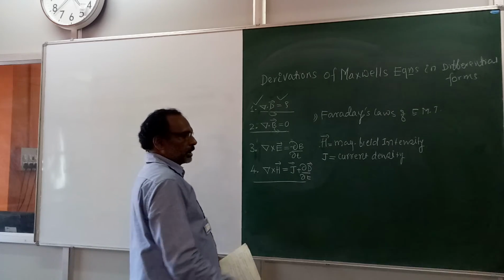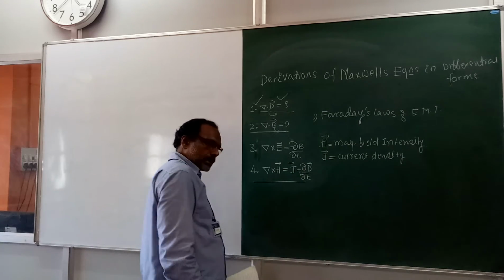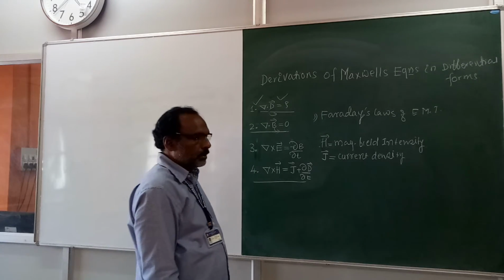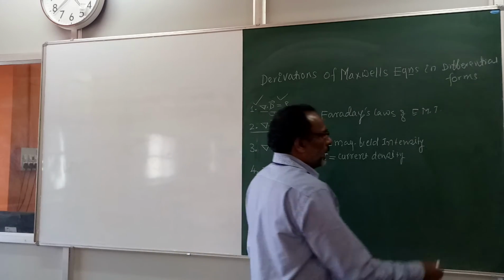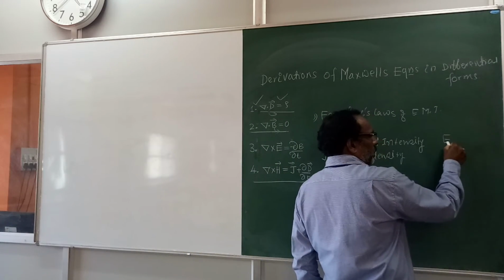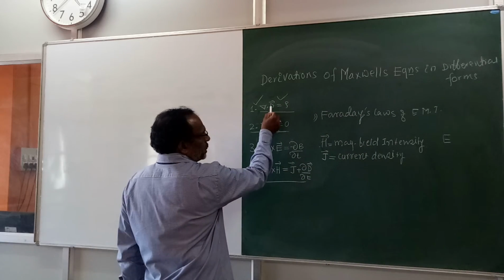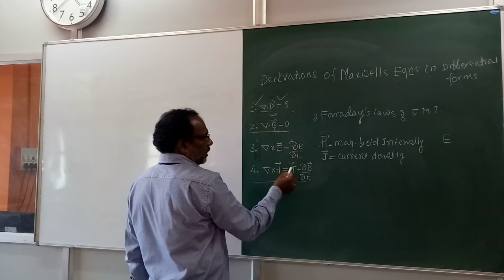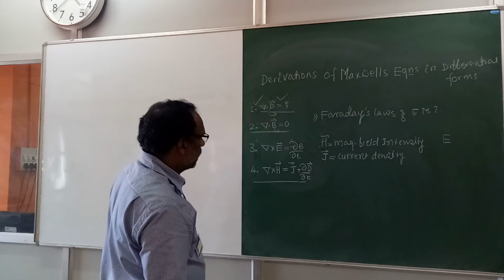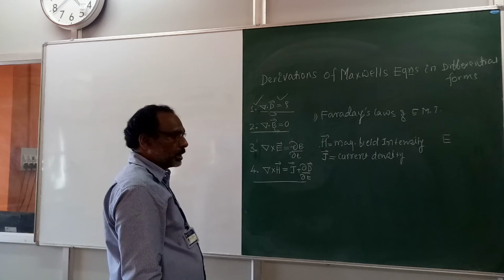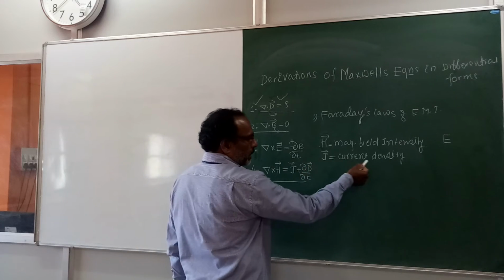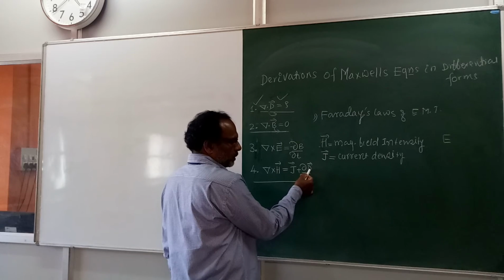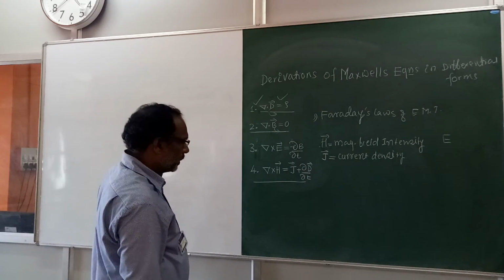We have studied Ohm's law, or if you go through any book on electricity and magnetism that explains electromagnetic waves, they explain this current density, electric displacement, magnetic induction, electric field intensity, and magnetic field intensity. J is the current density, a vector quantity. D is the electric displacement vector.